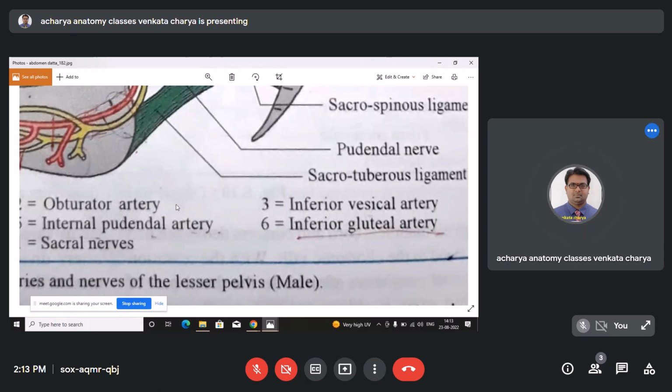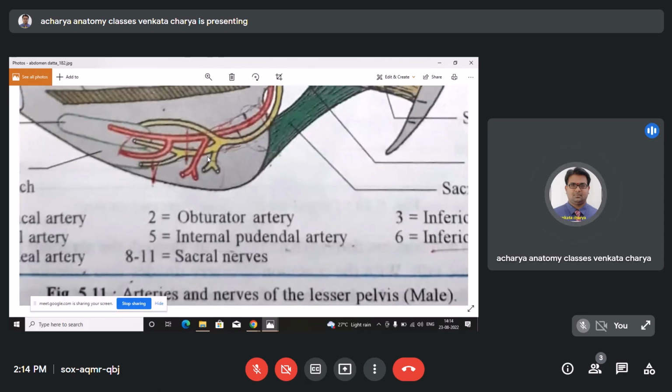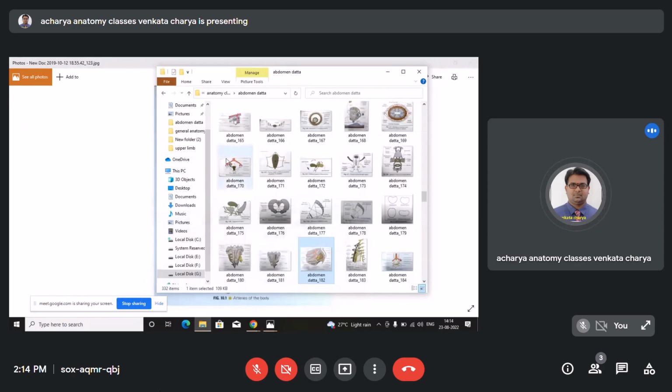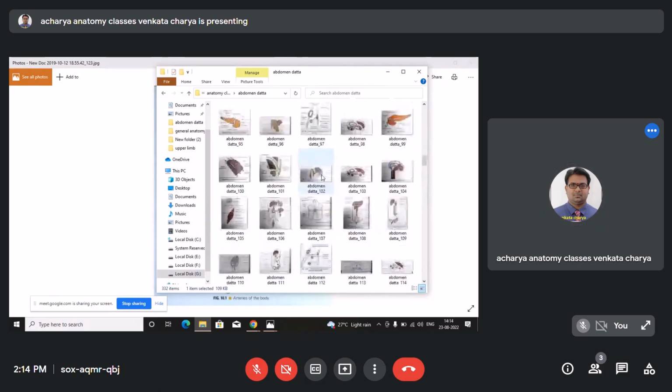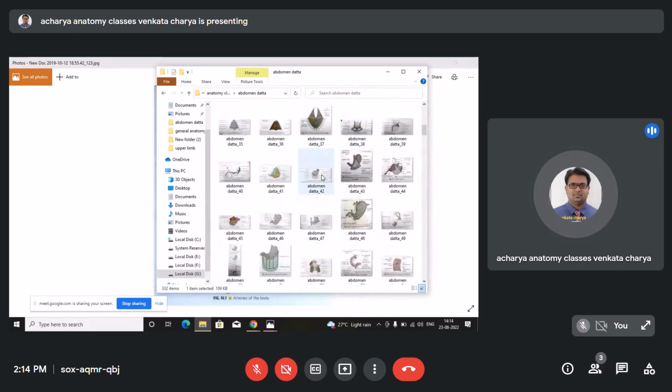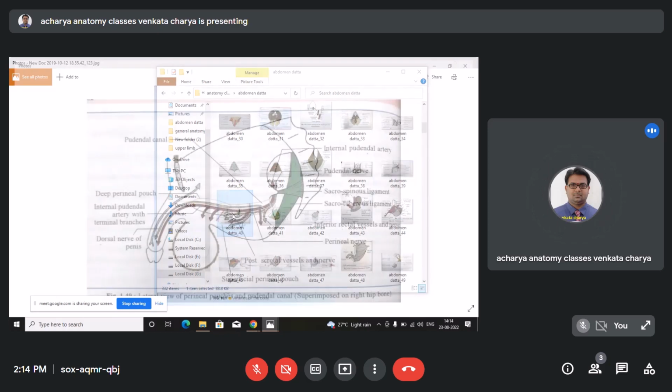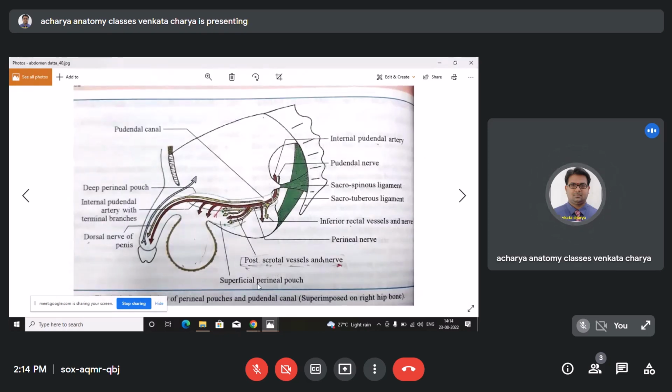Number two, posterior scrotal artery, which supplies the scrotum.